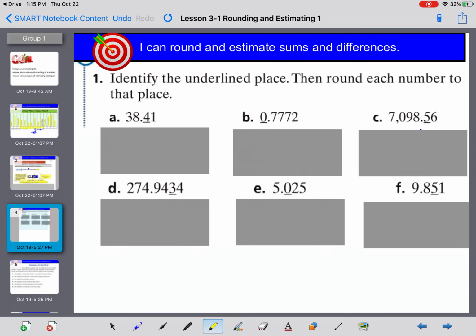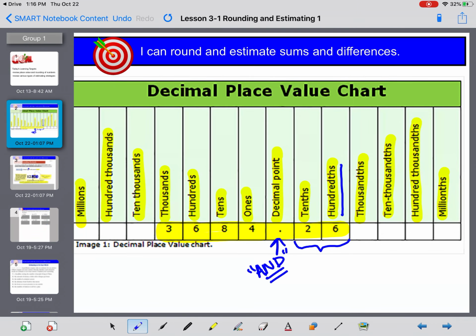Let's practice. Identify the underlined place value, then round each number to that place. The first one, 38 and 41 hundredths. The number that's underlined is the 4 digit. That digit is the first place after the decimal point. If you need to refer back to this chart, go ahead and do so.